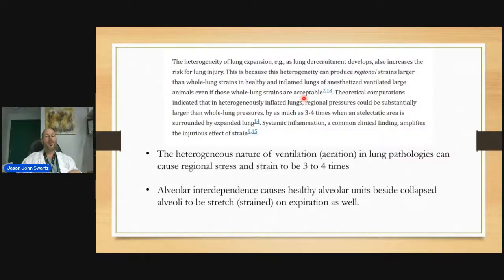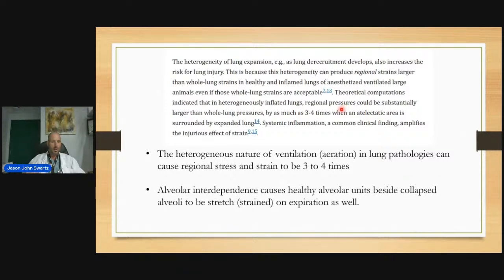So on the micro level, versus the macro level, you might be doing the 4 or 5 or 6 cc's per kilogram. But on the micro level, because of the heterogeneous nature of lung pathologies, most of the time, you can have an area that's getting 4 times the amount. So that's basically what I want to stress here.